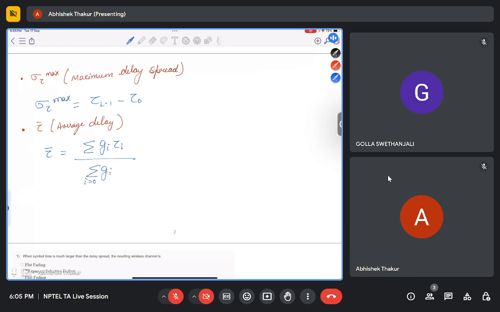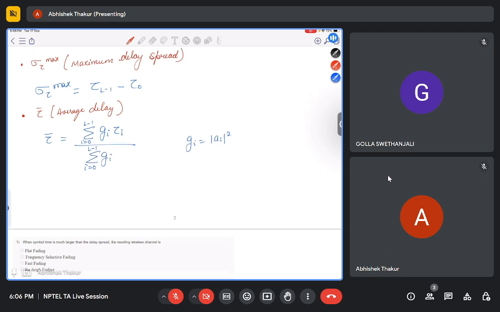What is gi? That is the power of the ith component, so gi is basically mod of ai square. So this is the formula of average delay, that is tau bar.